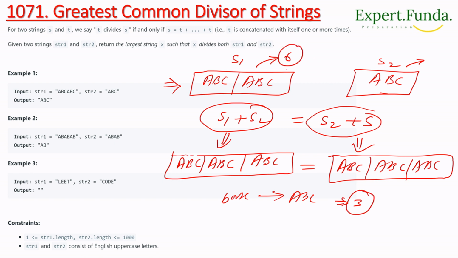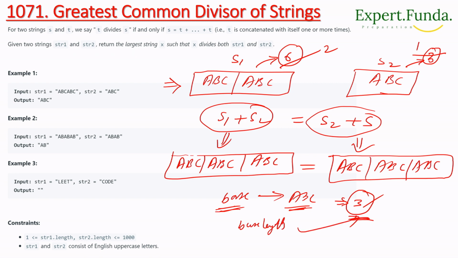Yes, we can divide by 2. And this one is 3, so yes, we can divide by 1. So remember, with the base substring length, this is nothing but the base length.